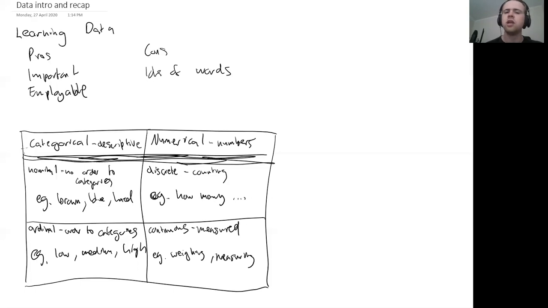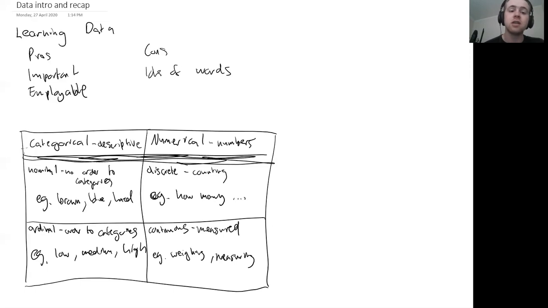You need to be able to differentiate between the two. For example, if I was collecting data on what kind of pets people have, would that be numerical or categorical? The answer would be categorical because we're talking about things like dogs, cats, fish, etc., descriptive words, and it would be nominal because there's no order between those things.